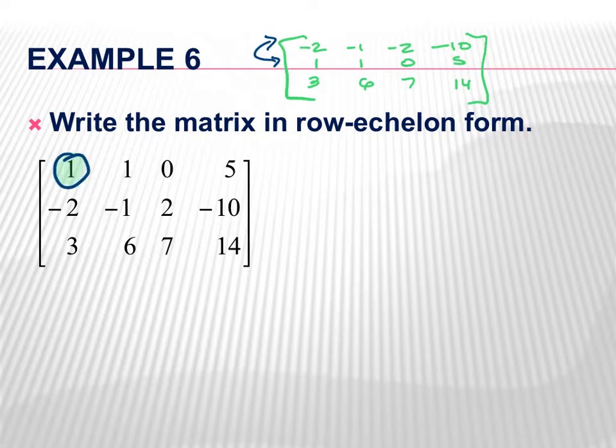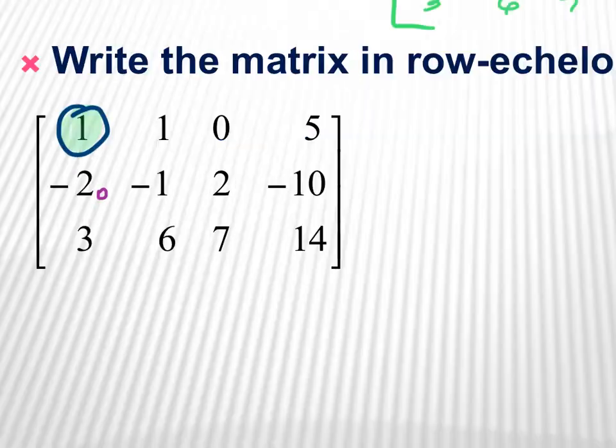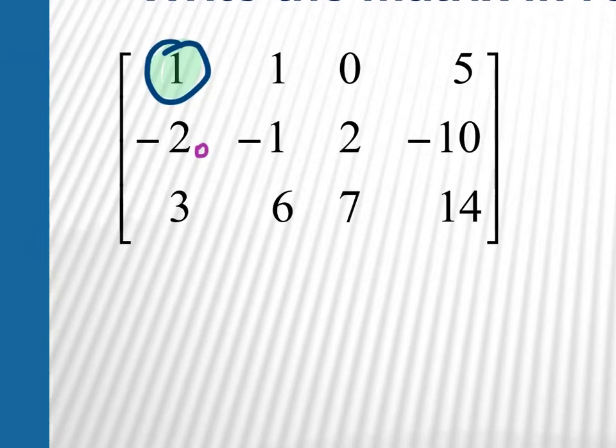Now my goal, for me personally, again, it's not always like this, but I try to work the zeros down. So I find the 1 in the top left corner, and then I want to get a 0 where that -2 is. So can I add a row to row 2 to cancel it out to get a 0 in that spot without changing any rows? No, there's not another 2 in the X location, right? But what can I do so that one of those rows becomes a 2? Okay, so I'm going to do 2 times row 1, and I'm going to add it to row 2.